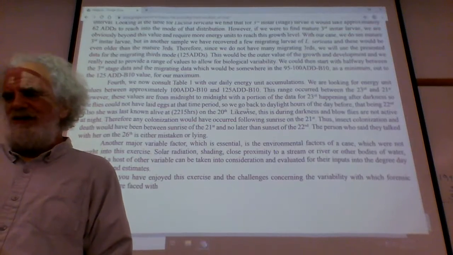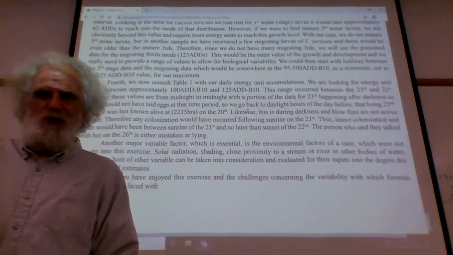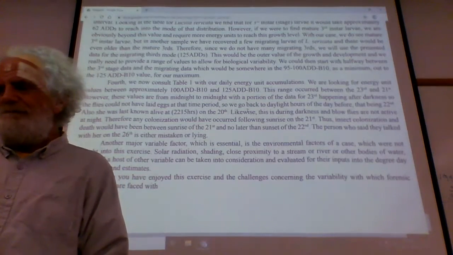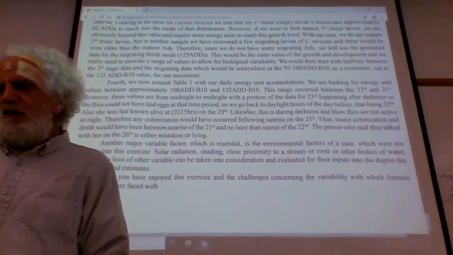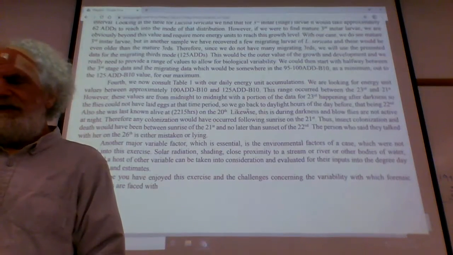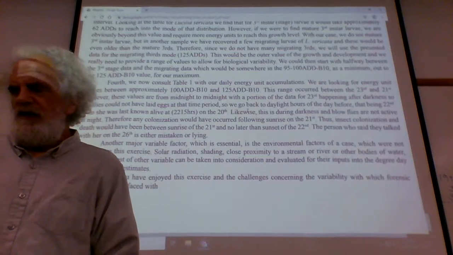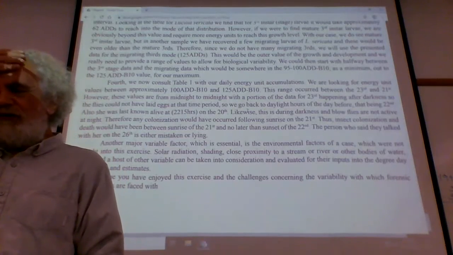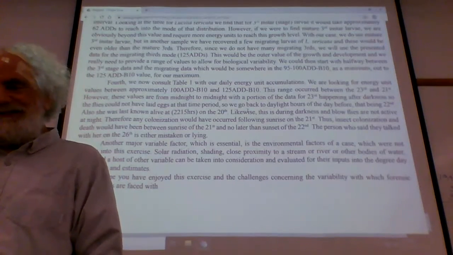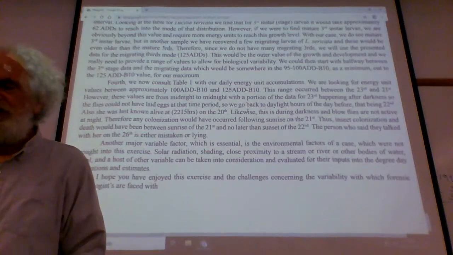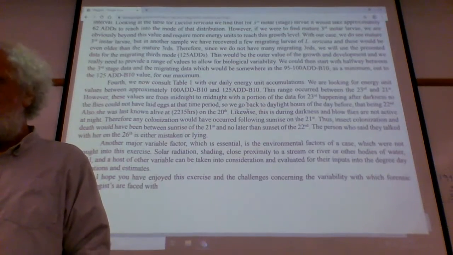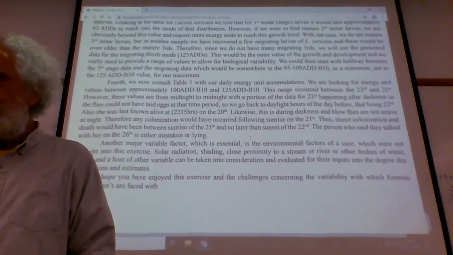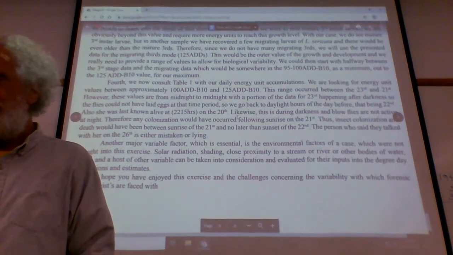So that's midnight to midnight, and we know then that the flies aren't going to be laying their eggs in darkness. So we can go back to the daylight hours, that being the 22nd, but we know that she was last seen alive on the 20th. So there's also a darkness period there.